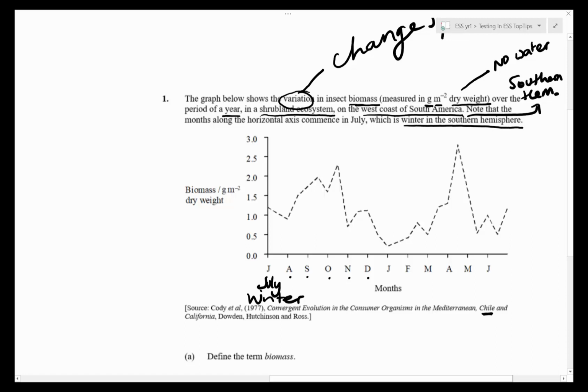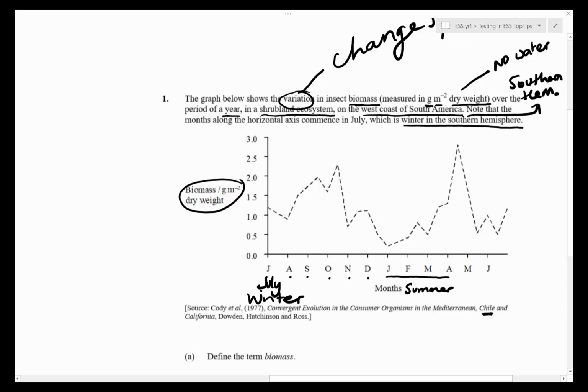So we've got here July to is midwinter, and then you're starting to get the summer months if you say 6 months later. So 1, 2, 3, 4, 5, 6. We've got the summer months here. Alright. So biomass and time, and it's insect biomass.